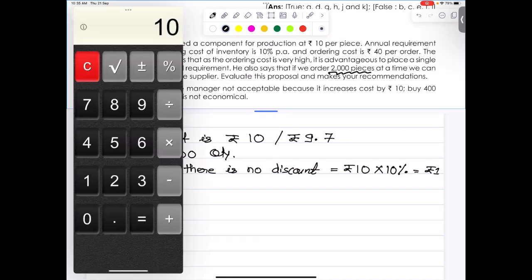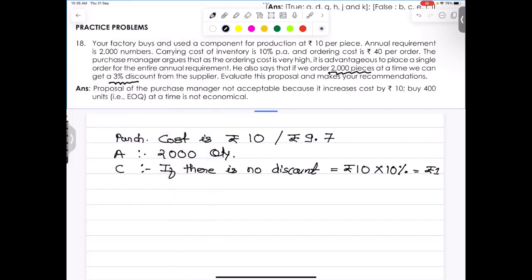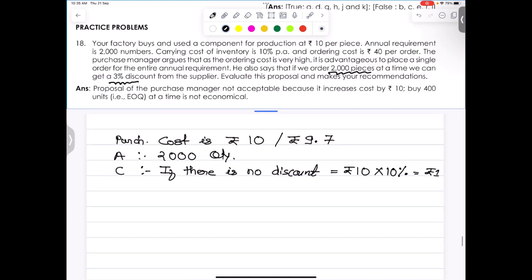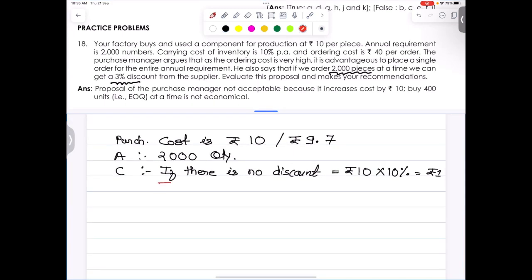So rupee 10 minus 3% will be equal to 9.7. So if there is a discount, then the carrying cost will be rupee 9.7 into 10%. It will be equal to 0.97.